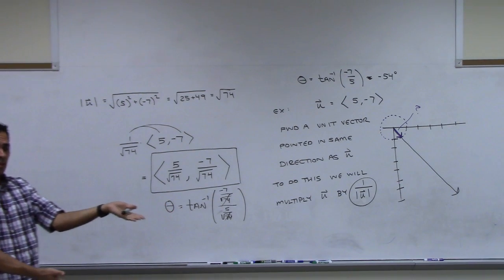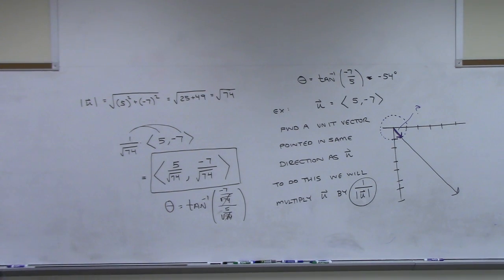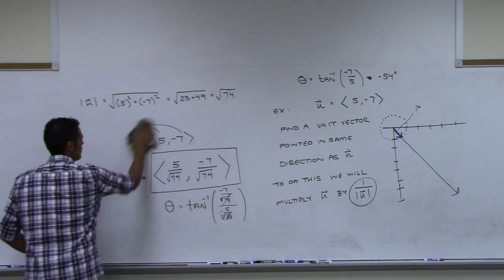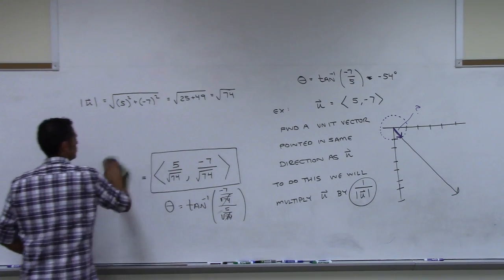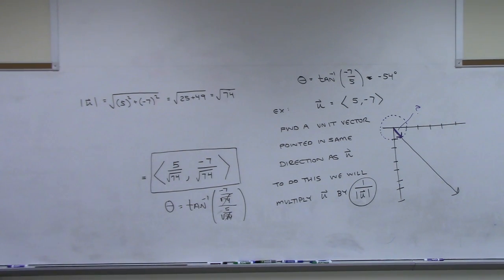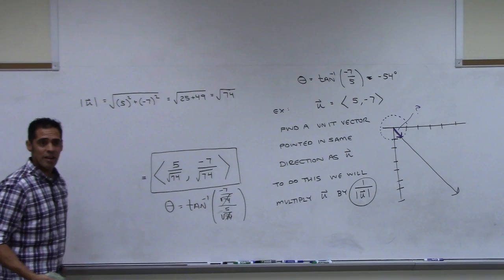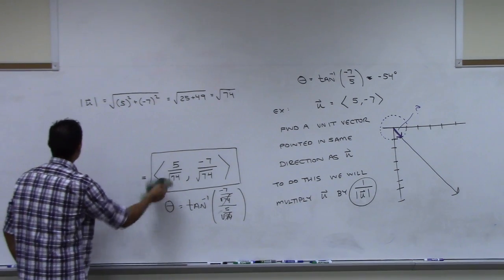Now, can I convince you that this has a length of 1? How would you determine that this has a length of 1? How do you find the length of a vector? This right here, right? So why don't we just double check? What would the length of this vector be?